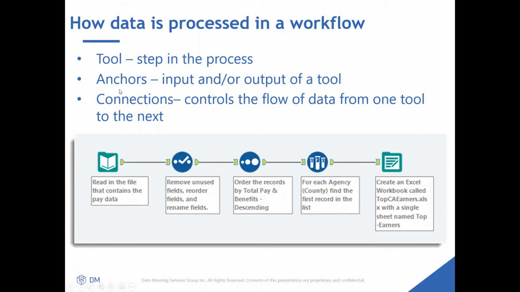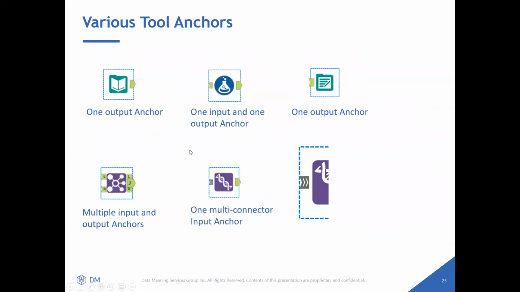And the connections are done by connecting the output anchor of one tool to the input anchor of a second tool. Now this slide just gives you an idea of various tools have various sets of anchors, right? So I'll just let you look at this. The one thing that's interesting is some tools, in particular this is a union tool, allow you to put multiple inputs into this one union tool because it's going to bring them all together.